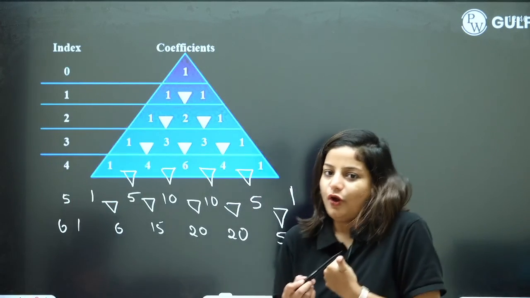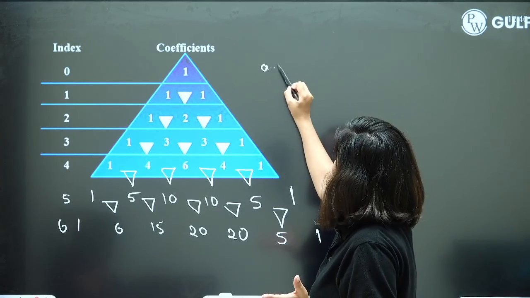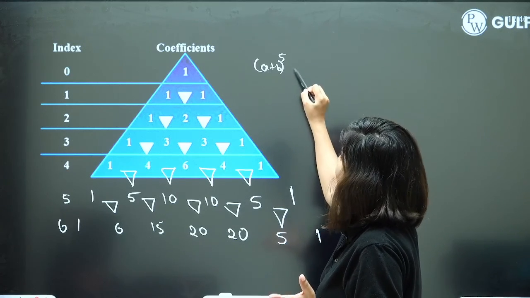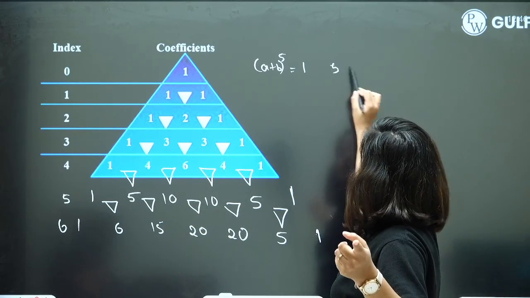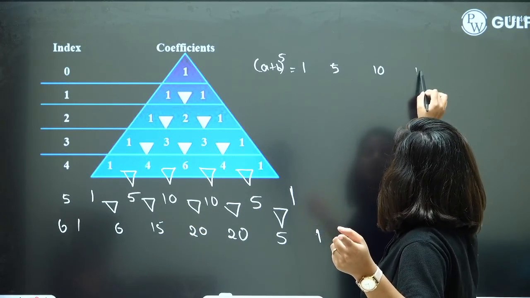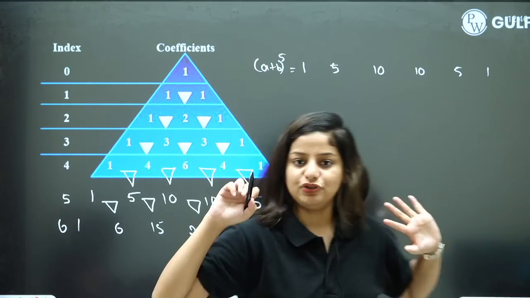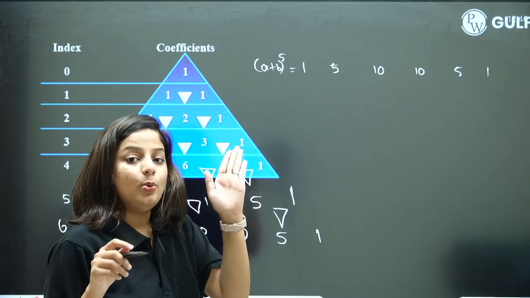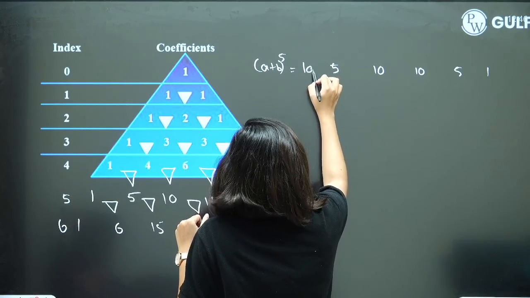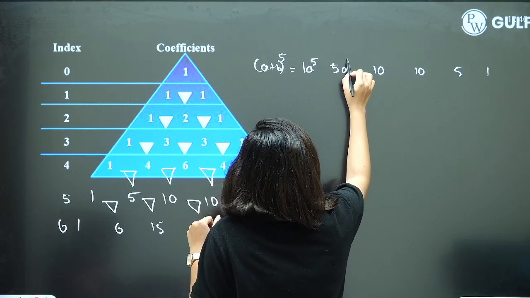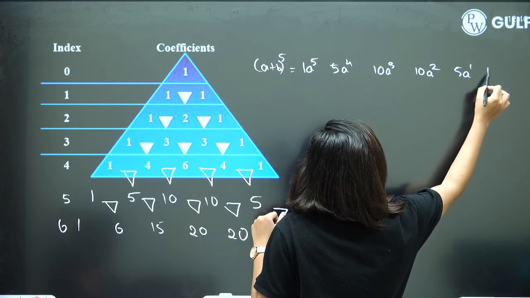Now if you know the coefficients, then you can make a formula. Obviously you can all make a formula for (a plus b) the whole raised to 5 very easily. How? (a plus b) raised to 5: 1, 5, 10, 10, 5, 1. Coefficients written. Next, the power of a should keep on decreasing, starting from 5, 4, 3, 2, 1, 0.